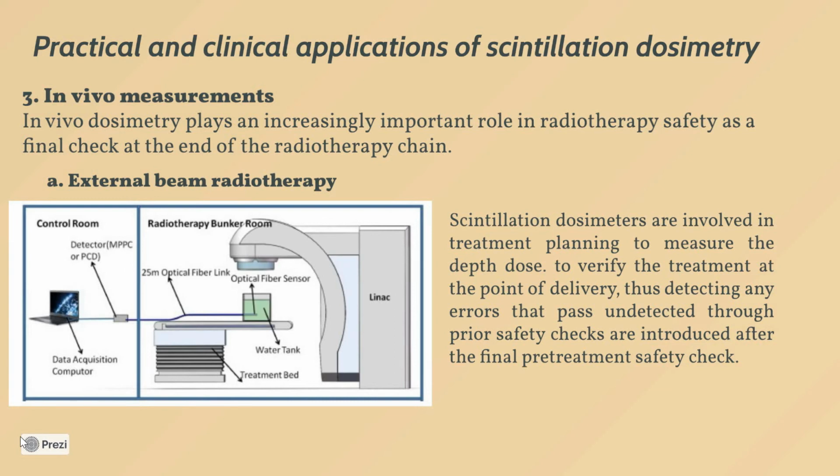In vivo dosimetry plays an important role in radiotherapy safety as a final check at the end of the radiotherapy chain. Scintillation dosimeters are involved in both internal and external beam radiotherapy. In external beam radiotherapy, scintillation dosimeters are involved in treatment planning to measure the depth dose and to verify the treatment at the point of delivery.